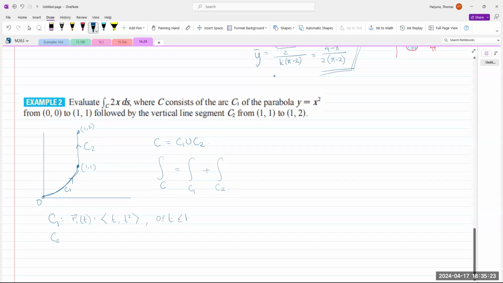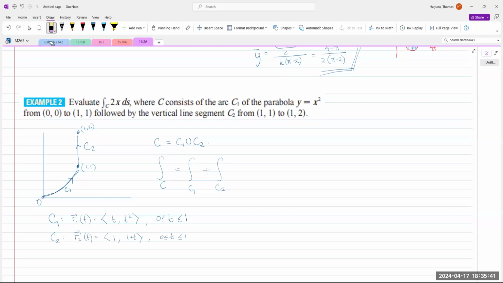And C2 will be: x is constant 1, y is, you can just call that t, but let me call it 1 plus t, where t is also from 0 to 1.